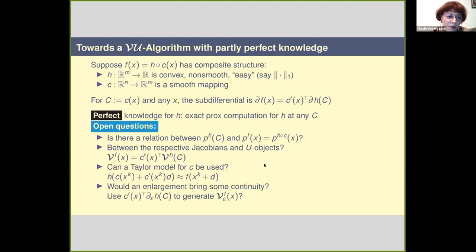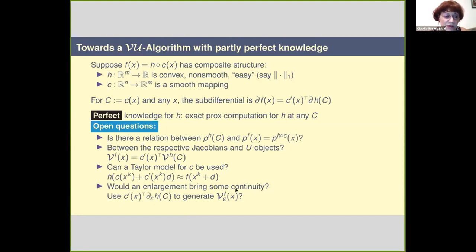So perhaps we can use the epsilon subdifferential of the function h and pre-multiply it with the smooth mapping, and then this generates some epsilon subspace that is enlarged maybe, and because of the continuity properties of the epsilon subdifferential, we can say something about what's happening with this VU, the composition space, as epsilon goes to 0, and we converge to the optimum, or to X bar, let's say, the accumulation point.